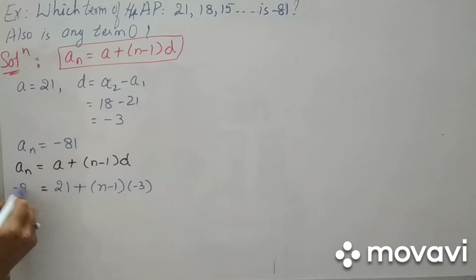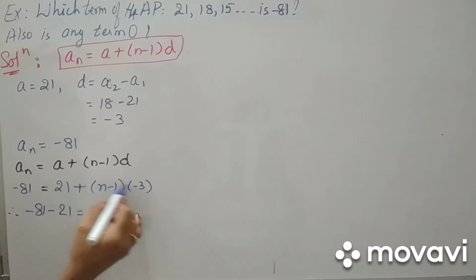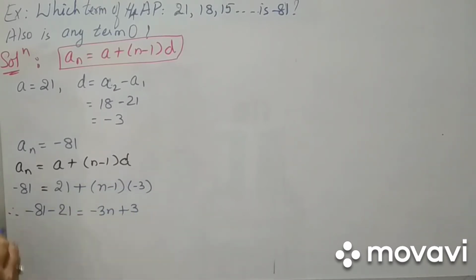An is how much? Minus 81. Therefore, 81 is on the left side and 21 is on the right side. So bring 21 to the left side with a sign change. Open the bracket: minus 3n, minus into plus gives plus 3n.